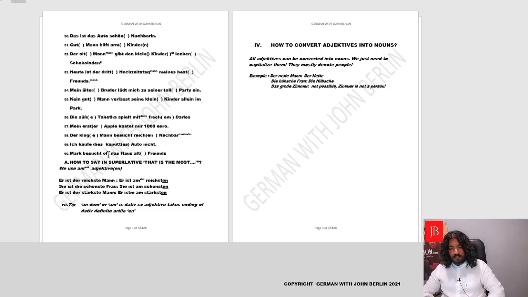Perfect. The last one. Mark visits often the house of an old friend. Mark besucht oft das Haus alten Freunds. So basically, who visits what of whose? The question is whose, genitive. So we'll find here das Haus alten Freunds.